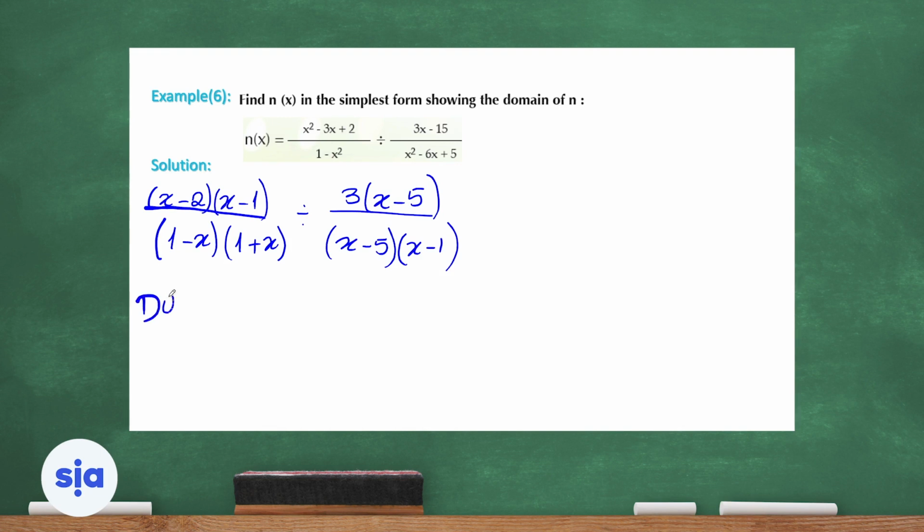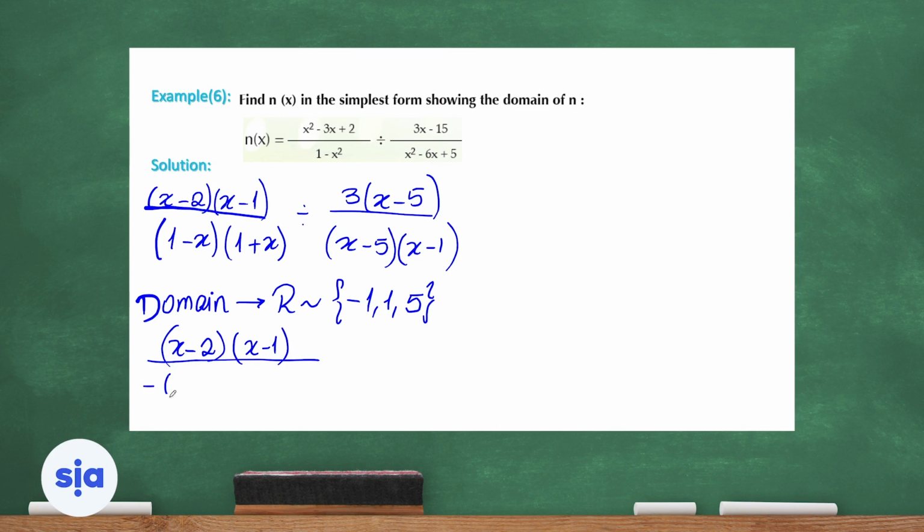Before we simplify, we find the domain. So the domain in this case is R, except what? Excellent. -1, 1, and 5. To simplify it now, you make the keep, change, flip.